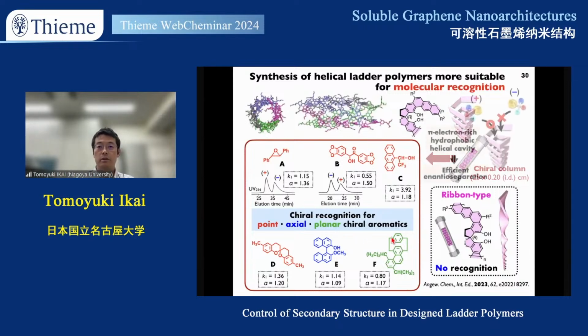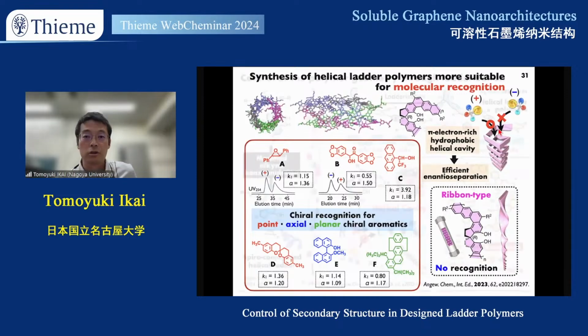We believe that this pi electron-rich hydrophobic helical cavity plays a key role in the efficient enantioseparation, and probably one of the enantiomers is favorably encapsulated within this hydrophobic cavity through attractive pi and hydrophobic interactions.